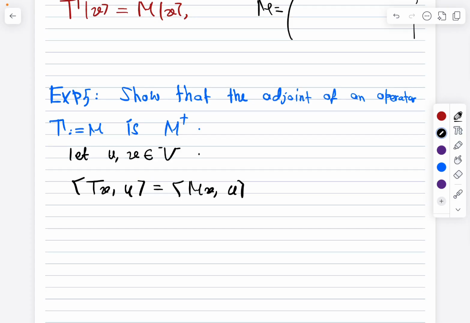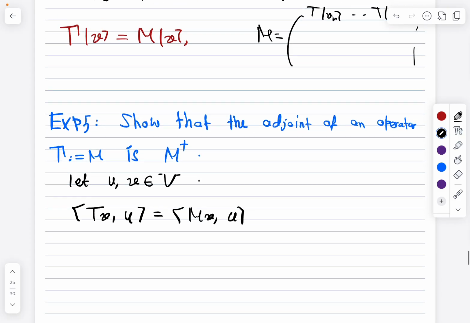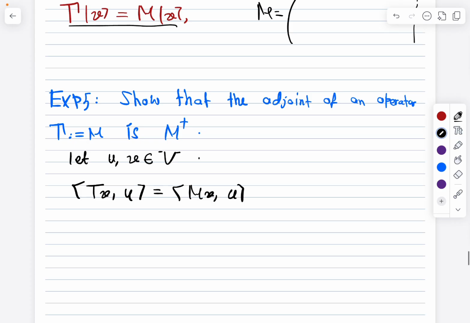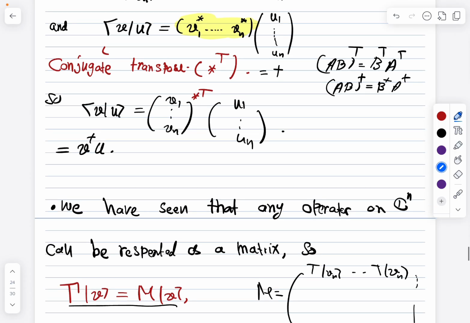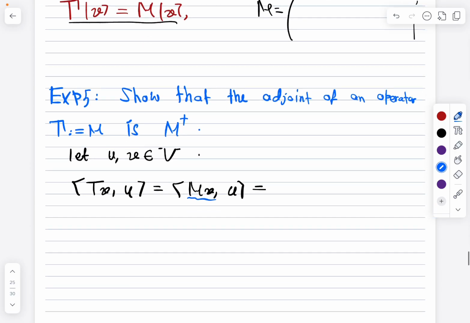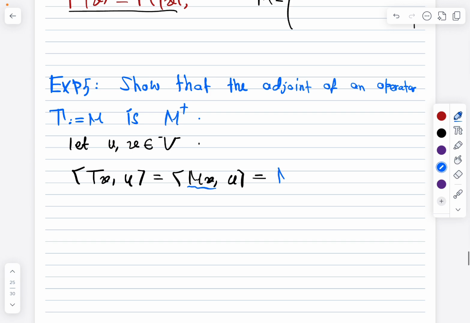Basically, I replace Tv by Mv using this fact. Now by definition, I will take the transposition of the first element, or sorry, the dagger of the first element. So we take Mv, the whole thing, dagger. Be careful, because the whole thing is a new vector. So we take the dagger of the one on the left, the whole thing, with u.